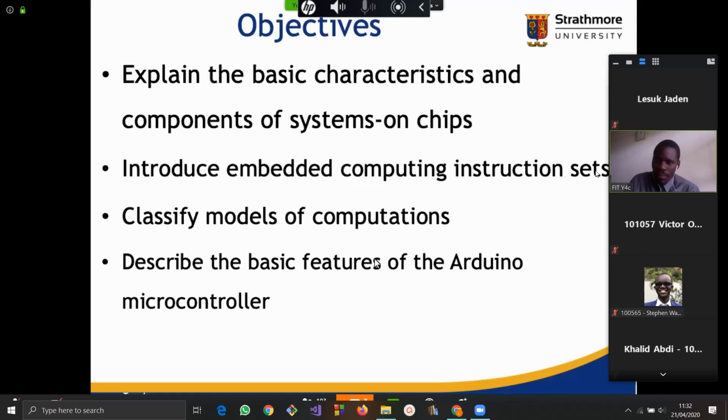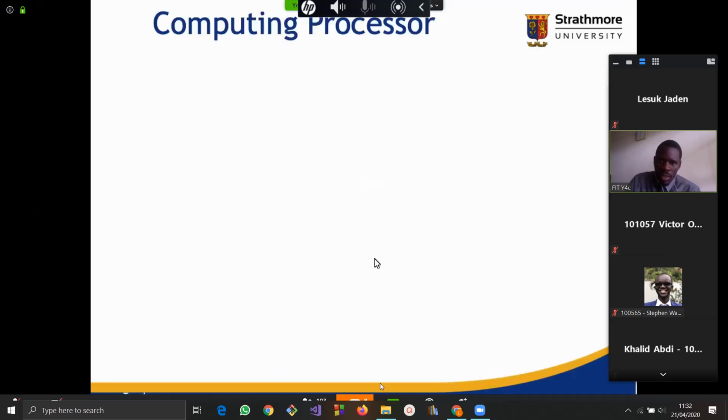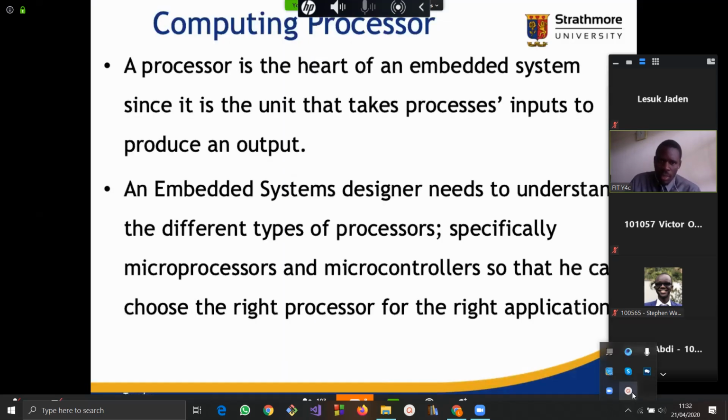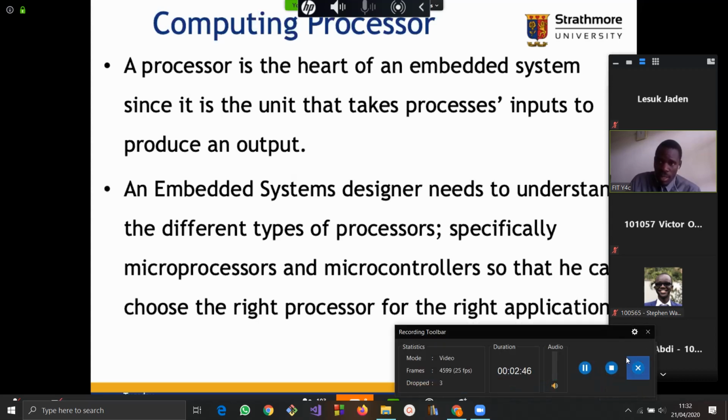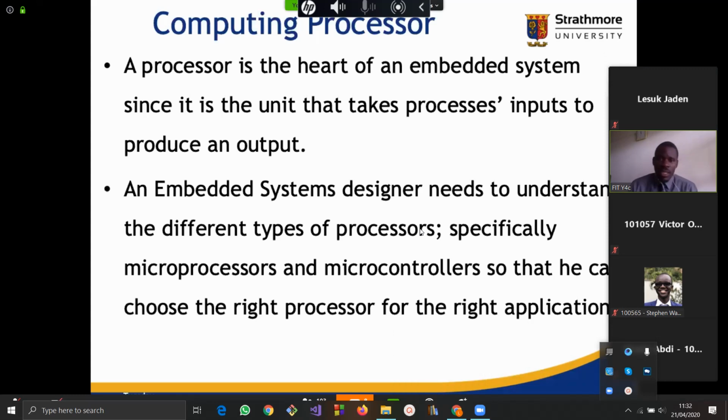I think we'll start with what is a processor. This is just a general definition of a processor. It's a unit or a component that takes in inputs, works on the input, and then produces an output.